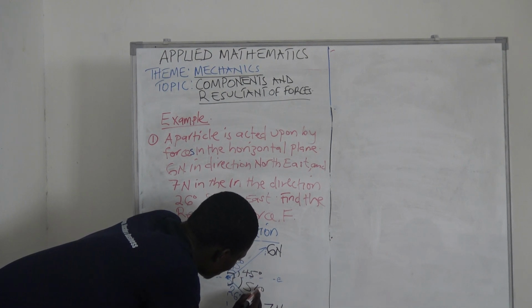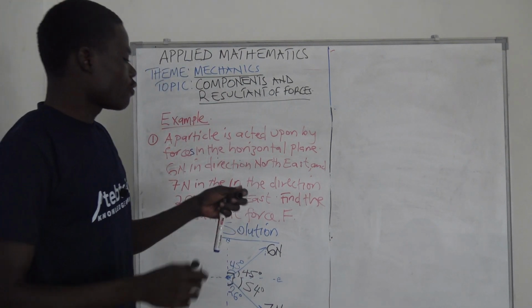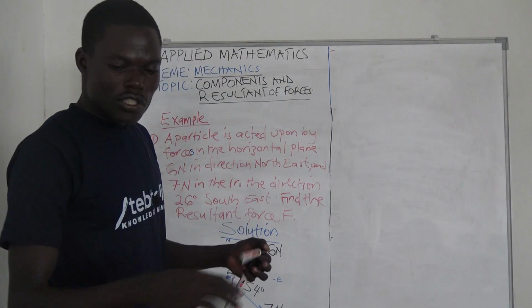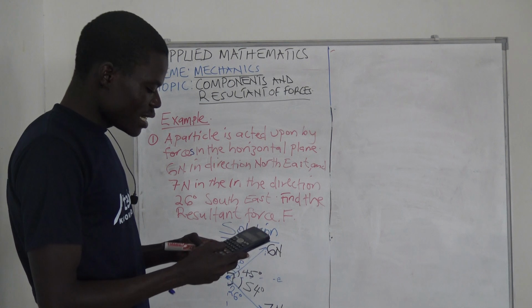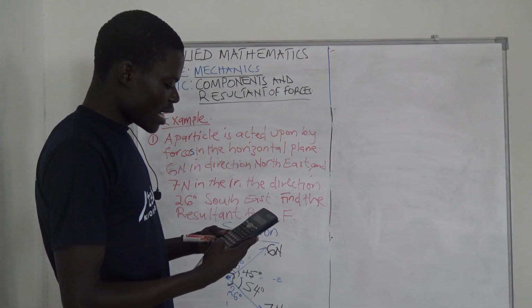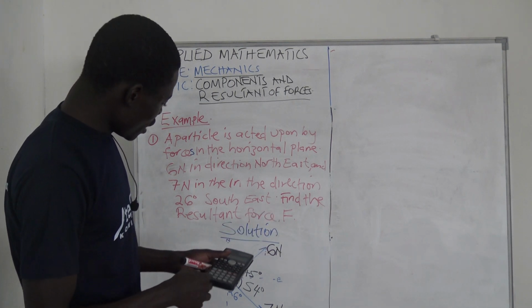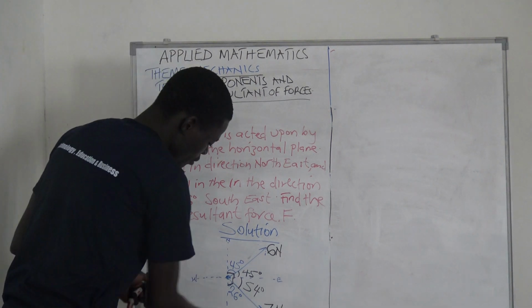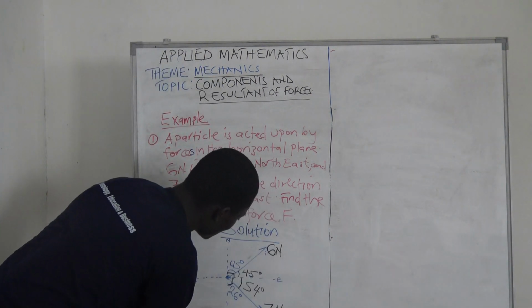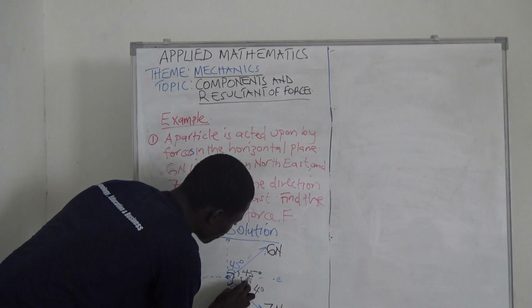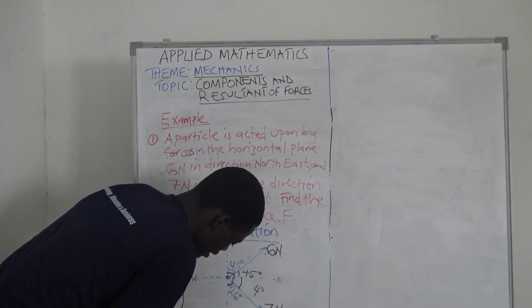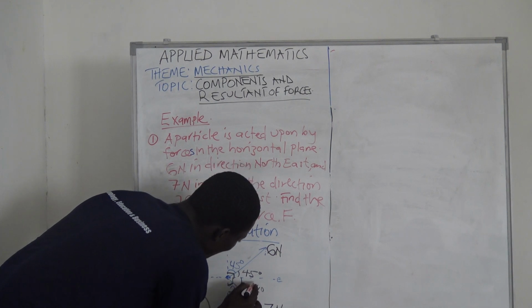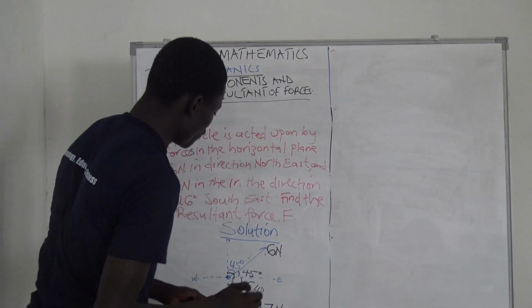If you are not sure, get your calculator and prove that we are getting 90 minus 26. The answer we are getting is 64 degrees.